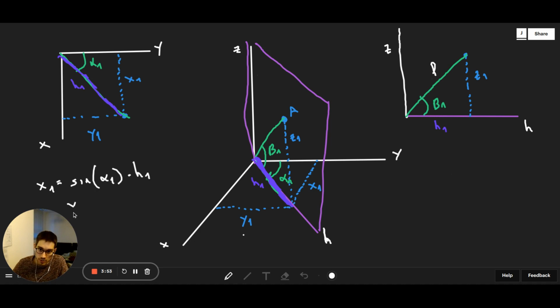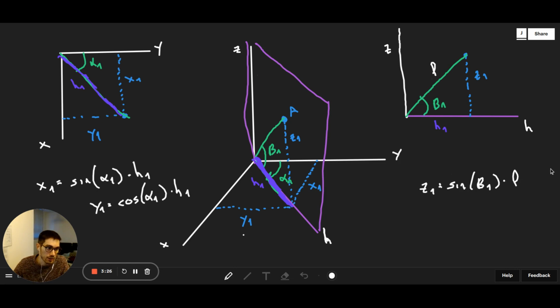Then y1 is the same thing. Y1 will be cosine of alpha 1 times h1, and then z1 over here on the right will be sine of beta 1 times L.